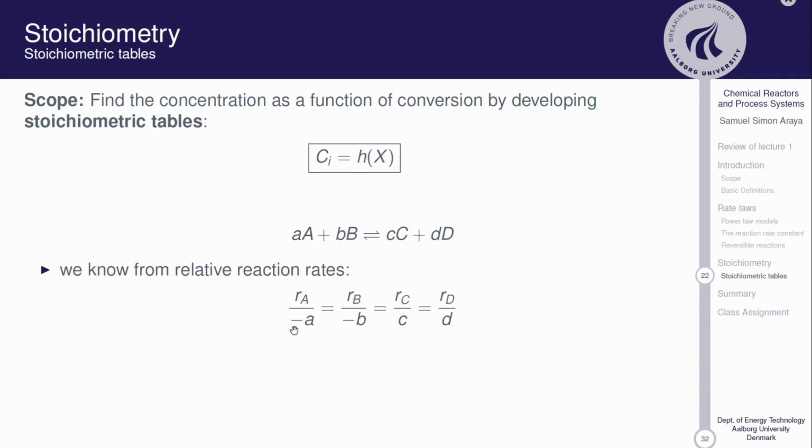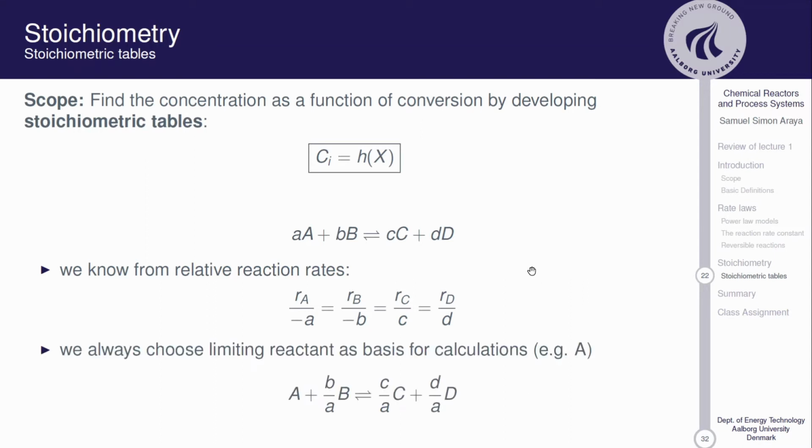So basically we can see that we have rate of A divided by its coefficient is equal to rate of B divided by its coefficient, and so on. And as mentioned, we use the limiting reactant as a base for the calculation.